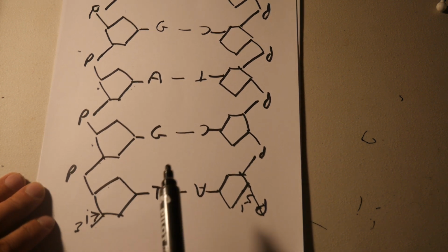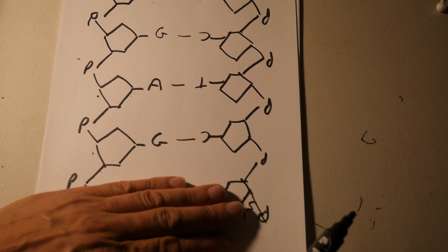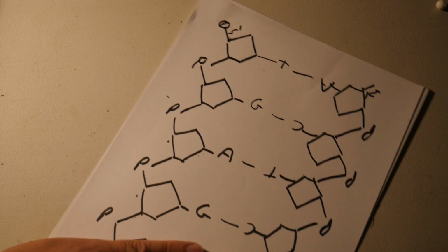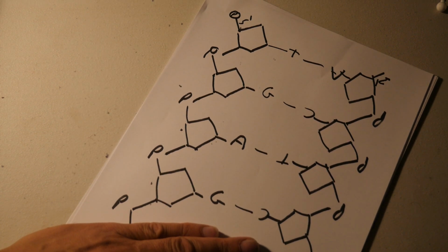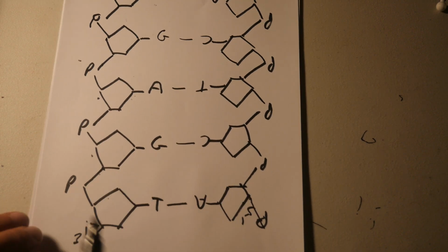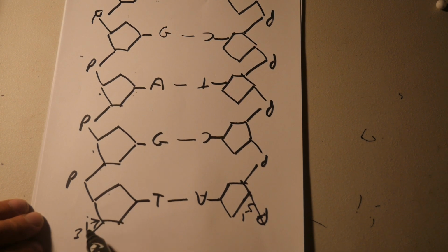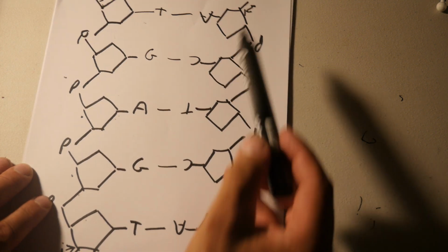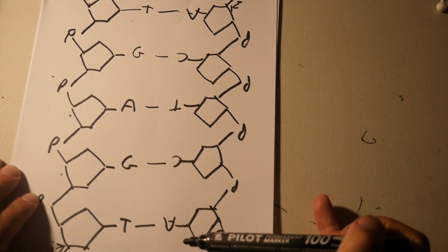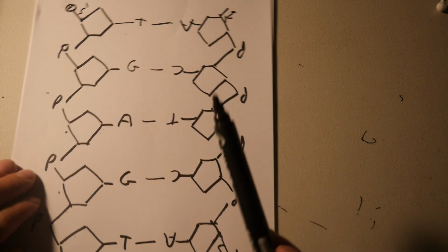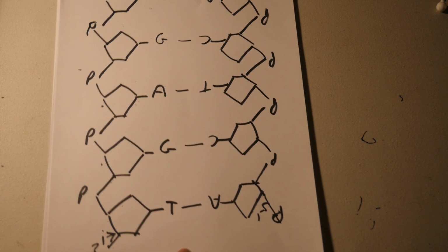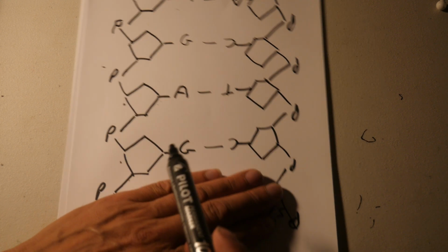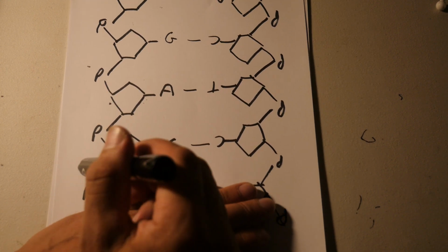It can't stop on the 5', otherwise you'd have a phosphate hanging like that. So if it ends on the sugar, it must end in 3'. That's why one strand goes 5' to 3', and the other goes 3' to 5'. It has to end on the sugar because the whole nucleotide is present.